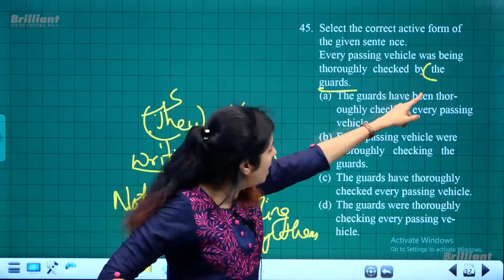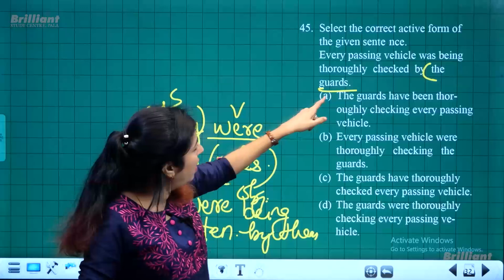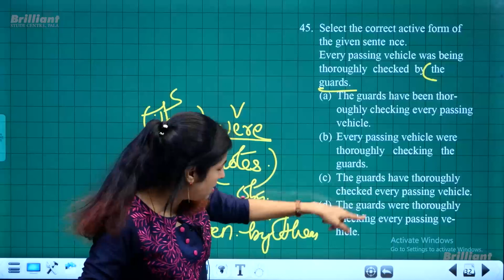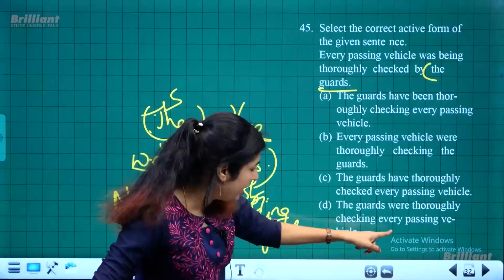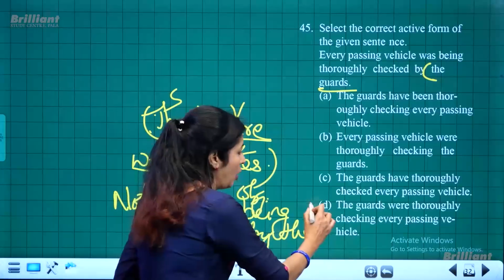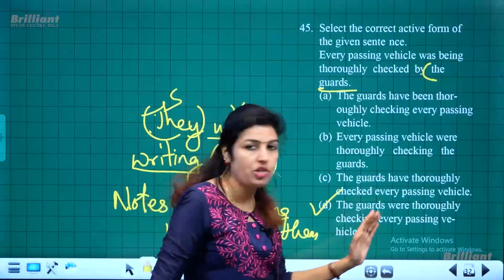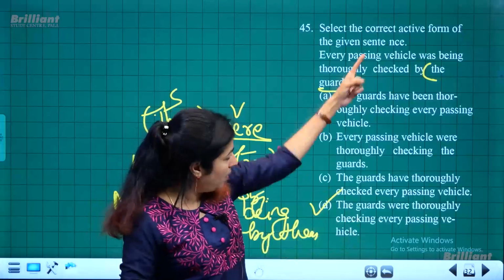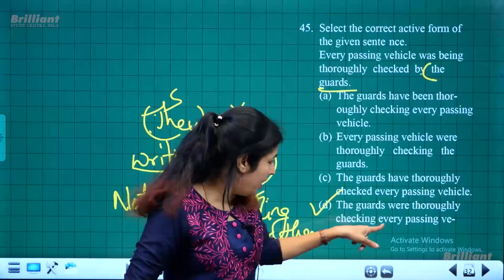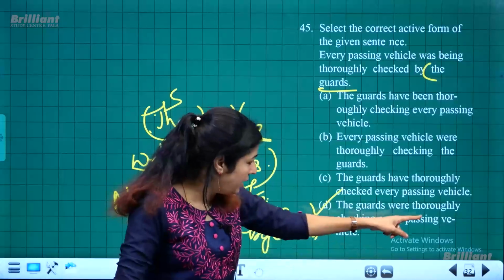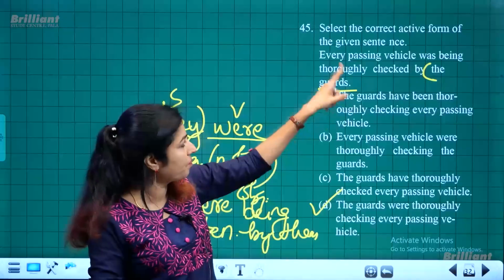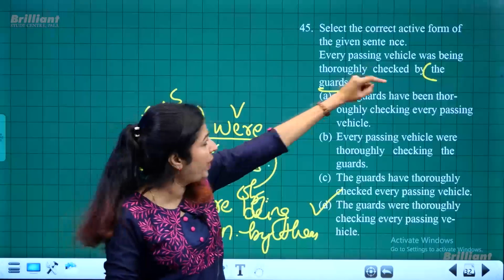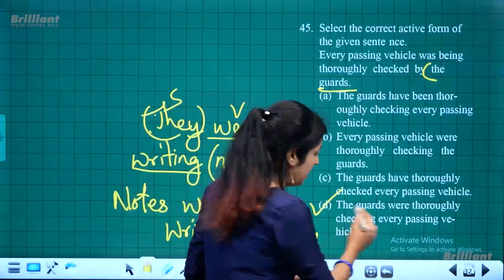So, the guards were thoroughly checking every passing vehicle. This is the correct option. See, if you convert it back into passive: every passing vehicle was being thoroughly checked by the guards. If it is vehicles, then were being. So this is the correct option.